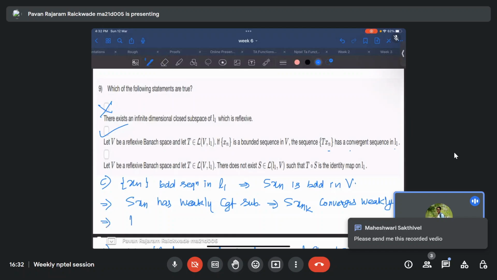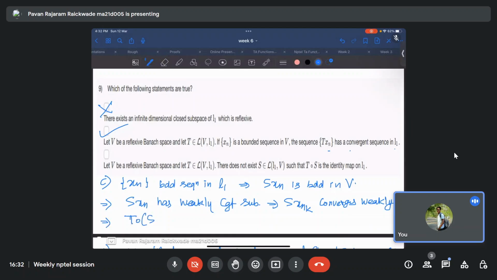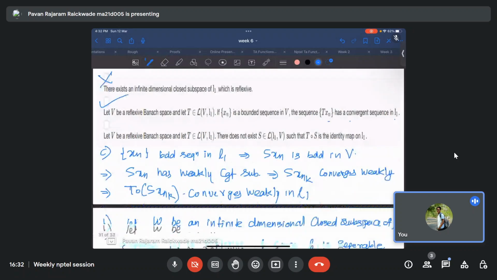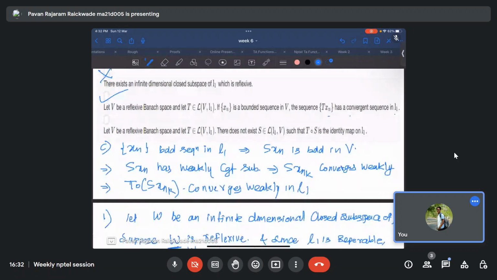That means T composite S xnk converges weakly in L1, right? But what is T composite S xnk? It is supposed to be identity, right? That means Xnk converges in L1, because by Schur's lemma again, weak convergence implies norm convergence.